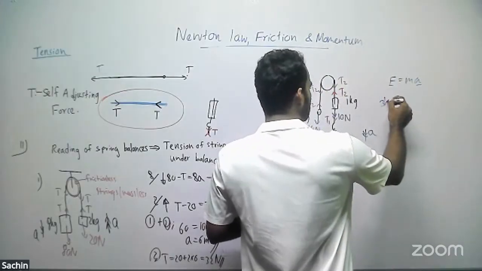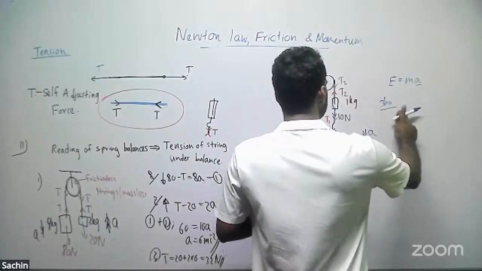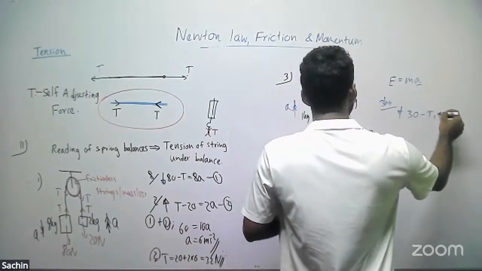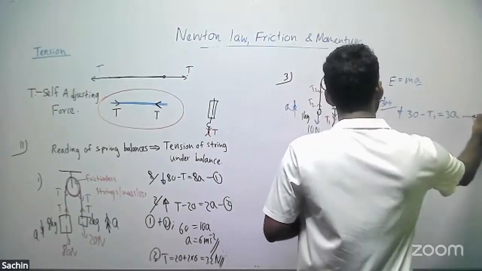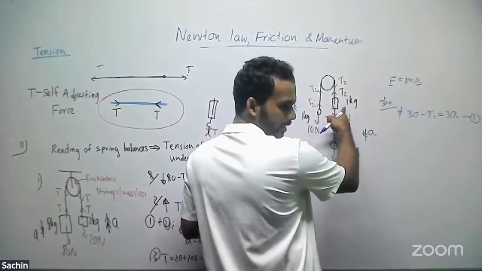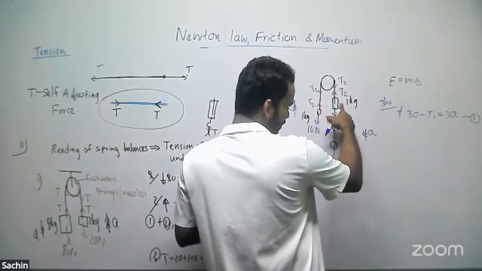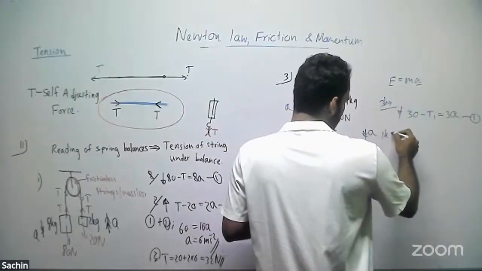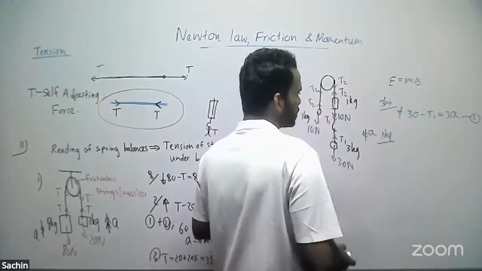So I'm applying for the 3 kilogram first, downwards. When downwards is applied, 30 minus T1 is equal to 3a, first equation. And then you see this spring is also moving downwards.